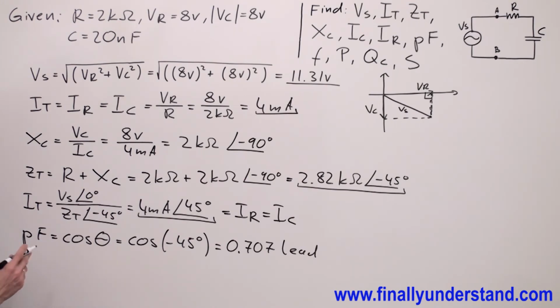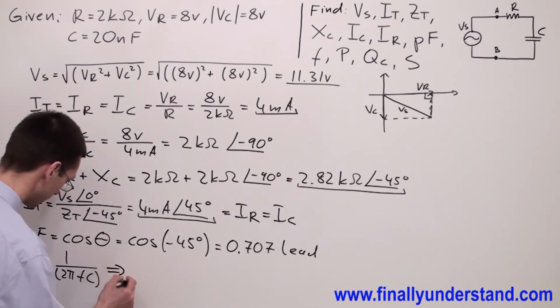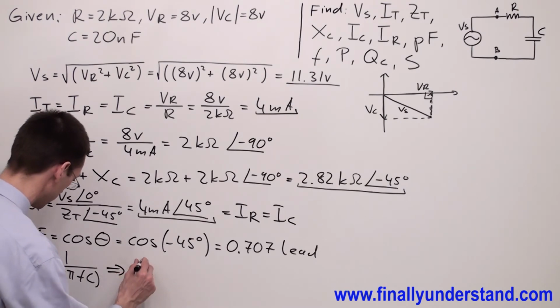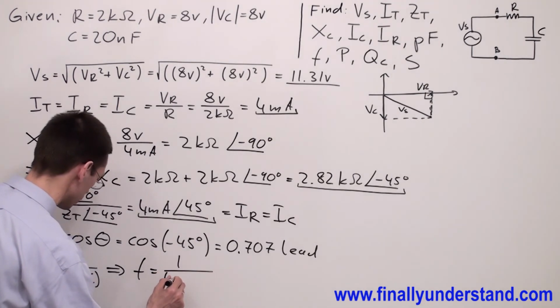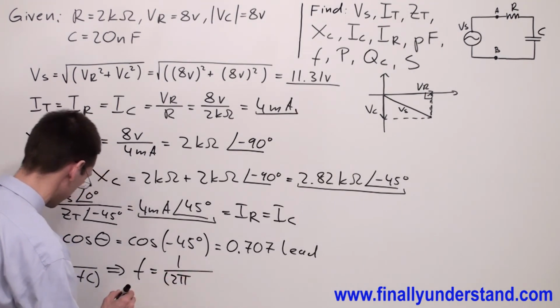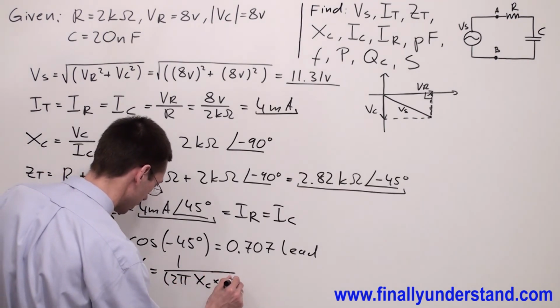So I'm going to use the formula for the capacitive reactance: X of C is equal to 1 over 2 pi F C. Because X of C we found, C is given, and 2 pi is constant, I can find F. Using algebra, you will obtain the formula: frequency is equal to 1 divided by, open parenthesis, 2 pi times X of C times C, close parenthesis.